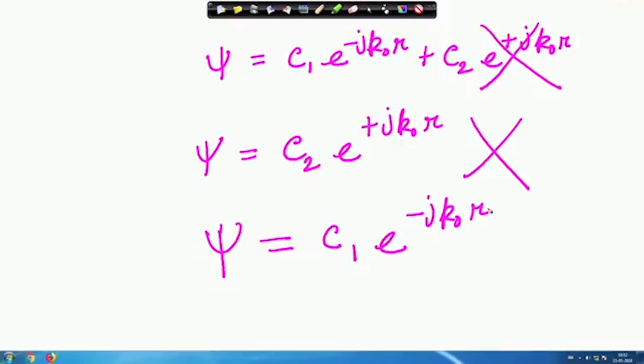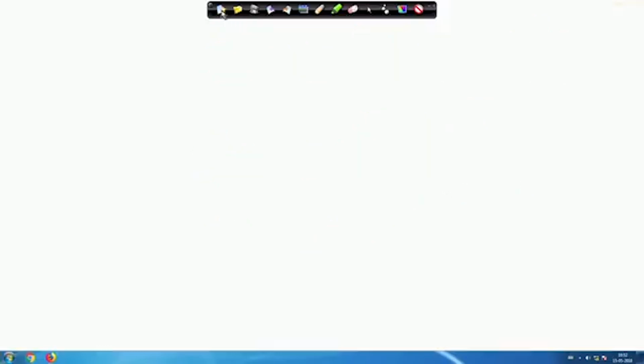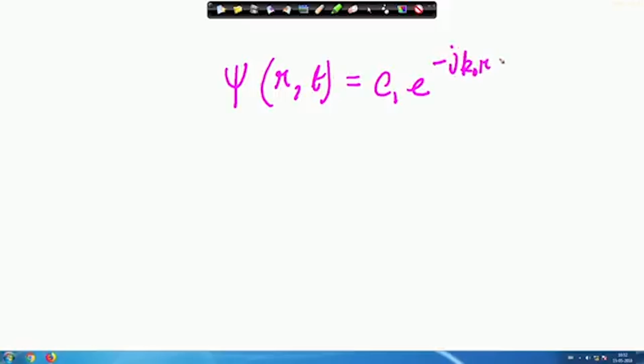Okay. Now, this was a phasor solution. If we now write the time variation, then it will be C1 e to the power minus j k naught r plus j omega t.